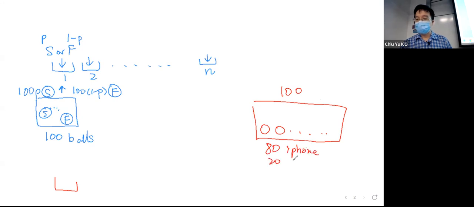And 20 of them are, I don't know, Mi phones, whatever you like. Or maybe this is easier, J phones. iPhone is worth money, J phone is nothing, and it's a fake phone, okay?